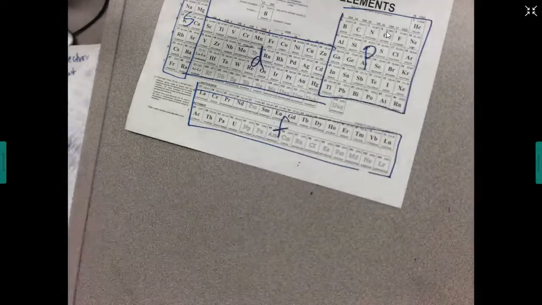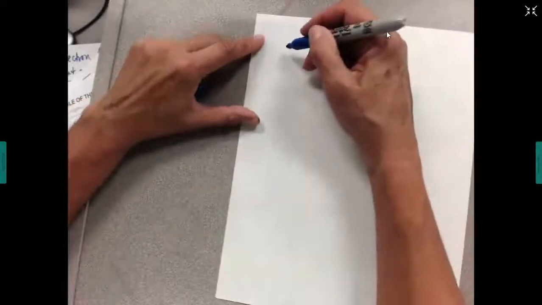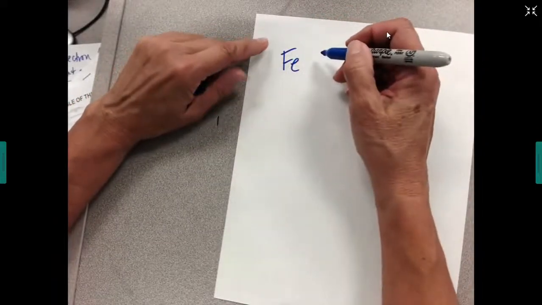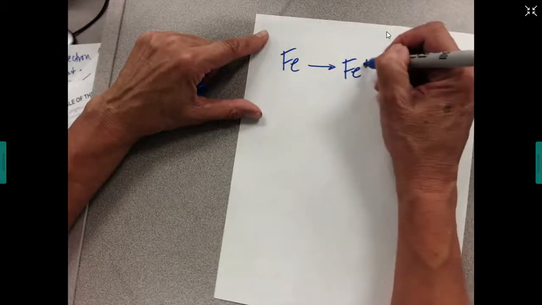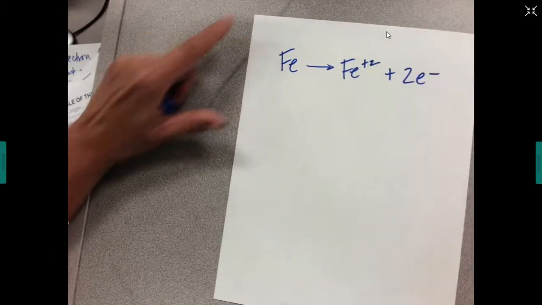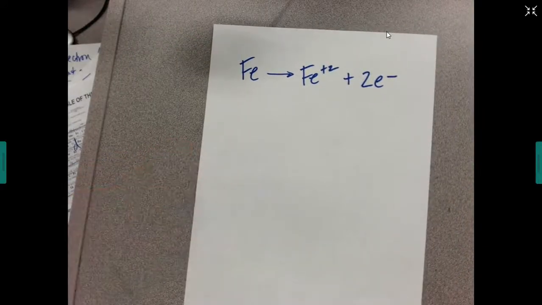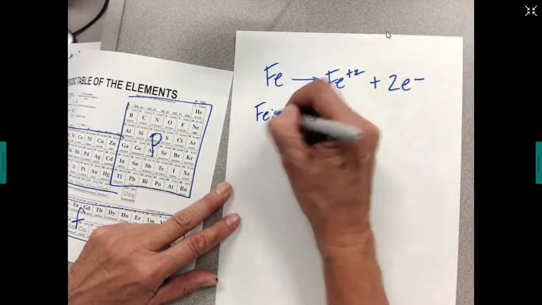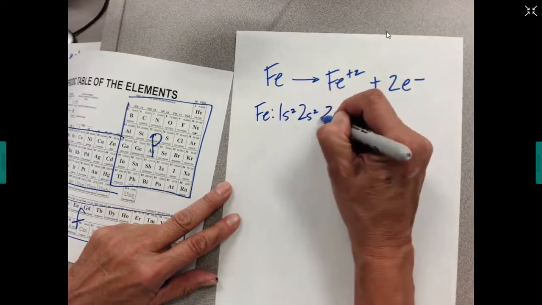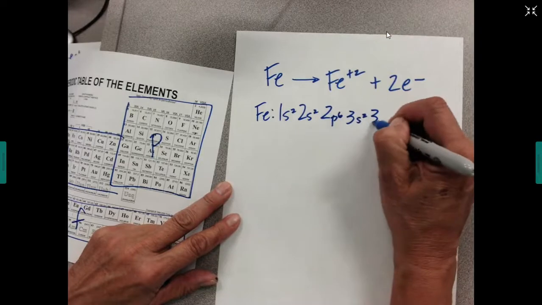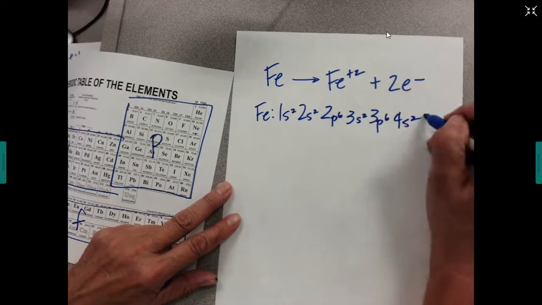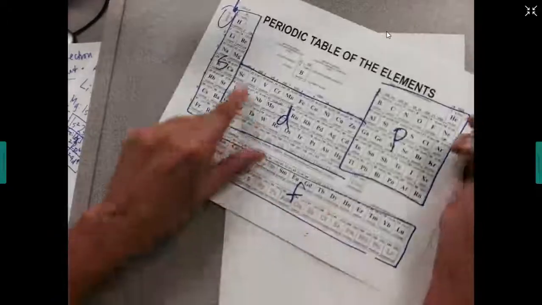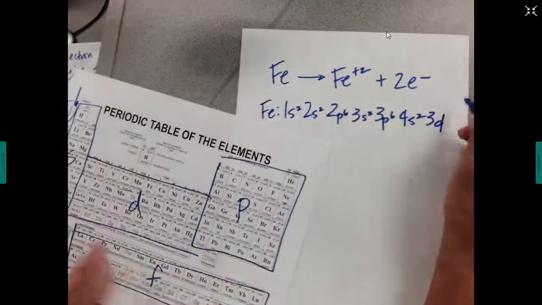Finally, we need to know how to write electron configuration for ions. Let's do a positive ion first. Let's say iron. When iron loses 2 electrons, it becomes an iron plus 2 ion, and those 2 electrons are lost somewhere. So if we were going to do the normal electron configuration for iron, we would say Fe is 1s2, 2s2, 2p6, 3s2, 3p6, 4s2, 3d, and iron is 1, 2, 3, 4, 5, 6, position 6.